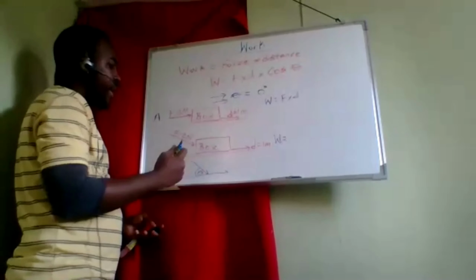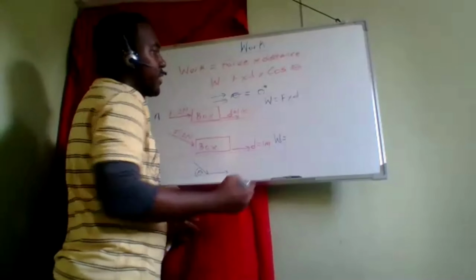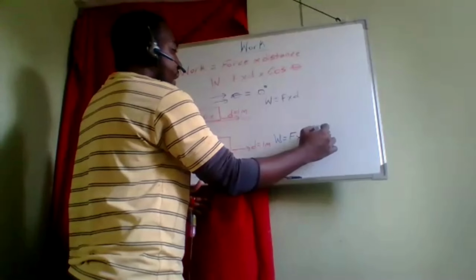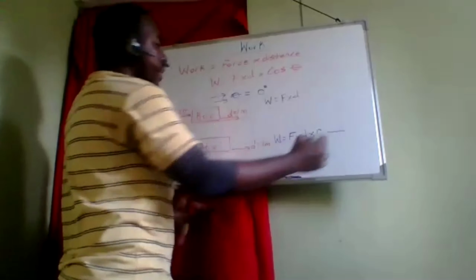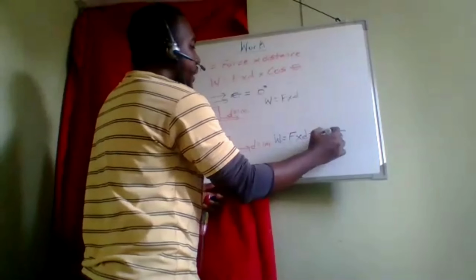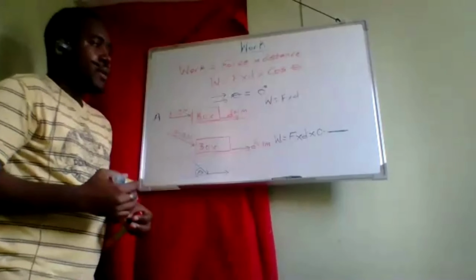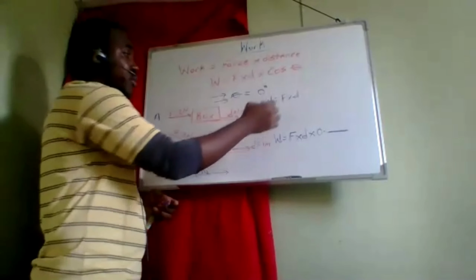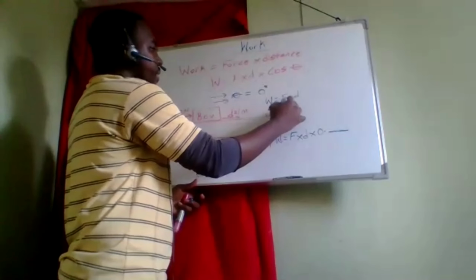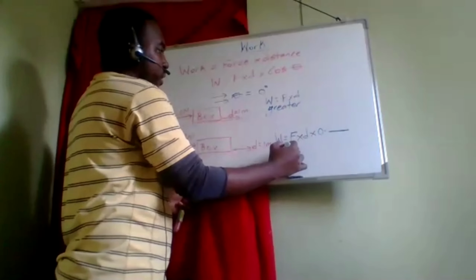So if we have an angle theta, then it will be F times D times a number that's 0 point something. Whatever the angle is, it will be 0 point something, and in that case, this work done will be greater than this work done.